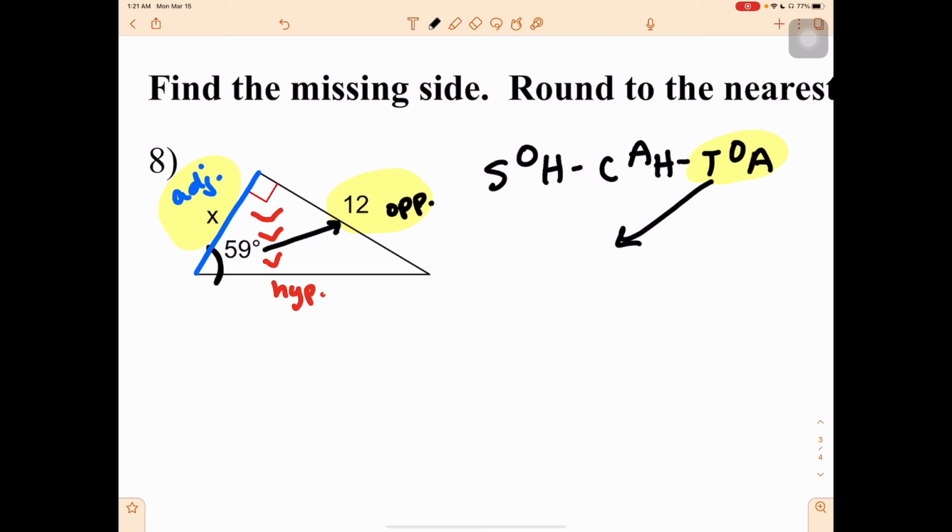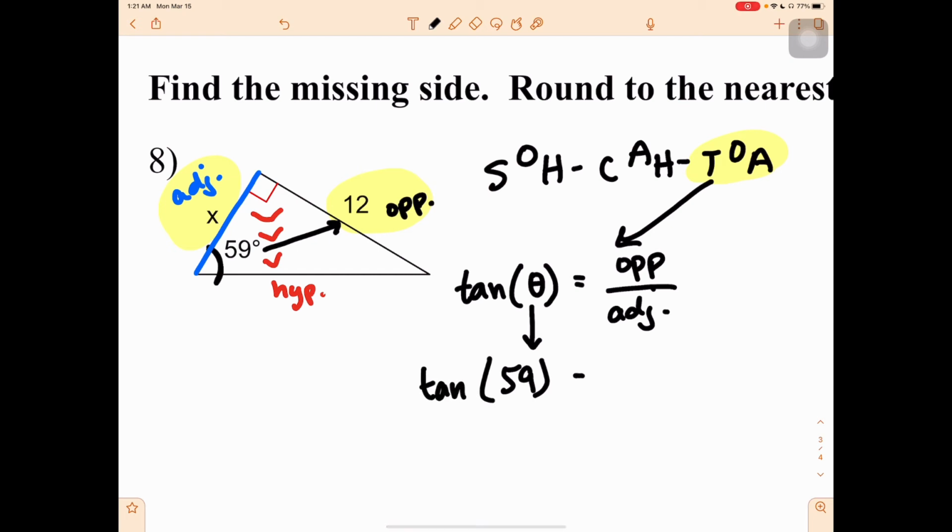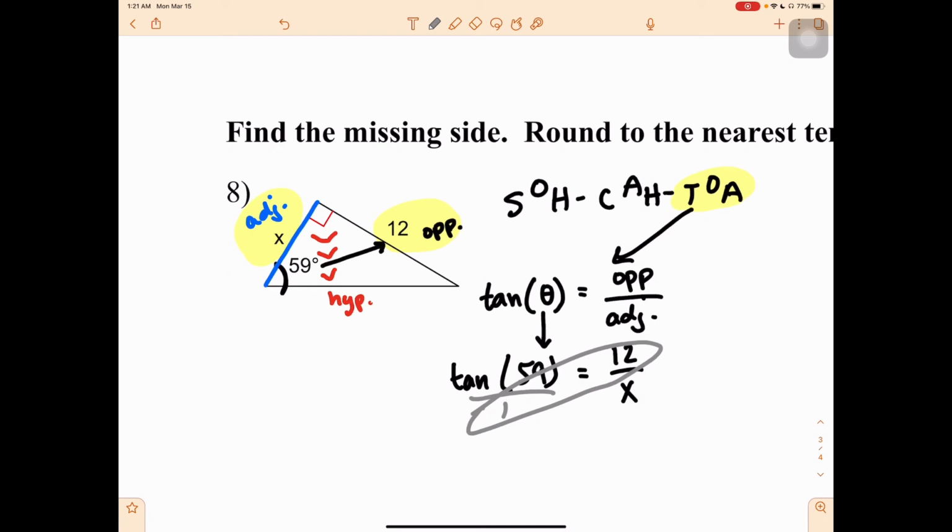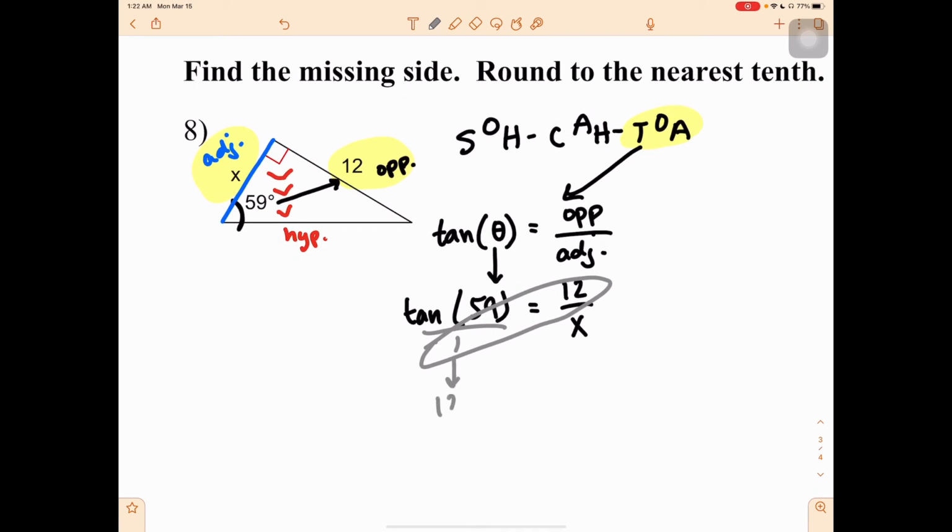The tangent ratio tells us the tangent of some angle theta is equal to the opposite over adjacent. In this case, our theta is our focus angle, 59 degrees. So tangent of 59 equals our opposite, 12, over our adjacent, x. And that's nice because we're solving for x. So here I'm going to cross multiply. 1 times 12 is 12. x times tangent of 59.